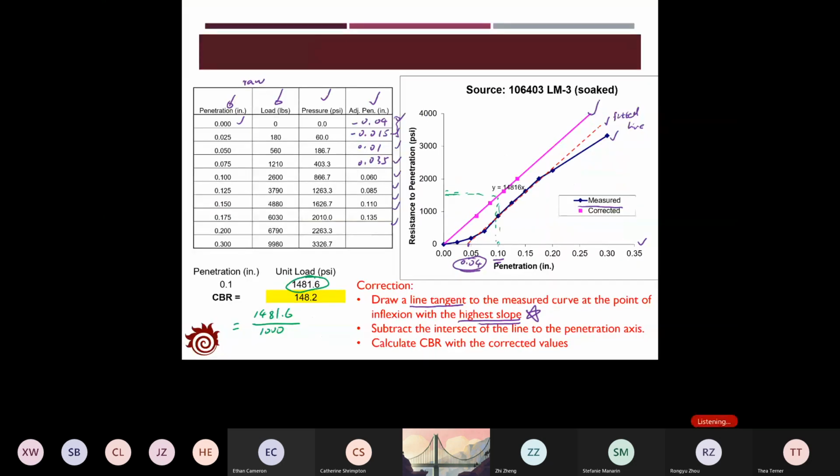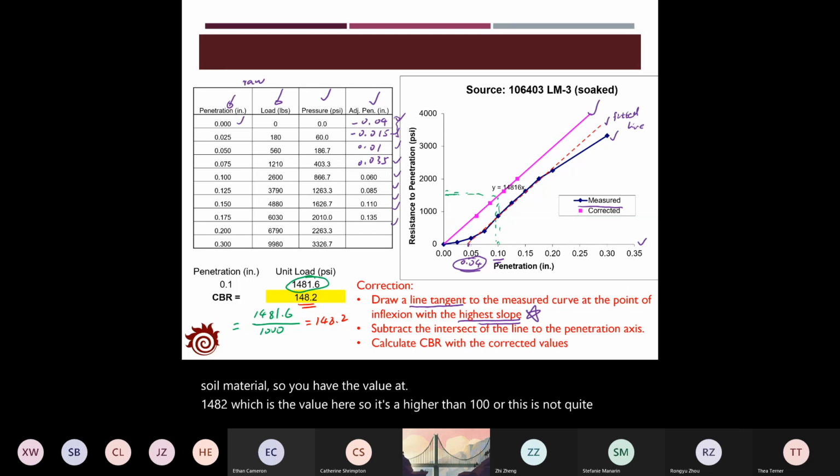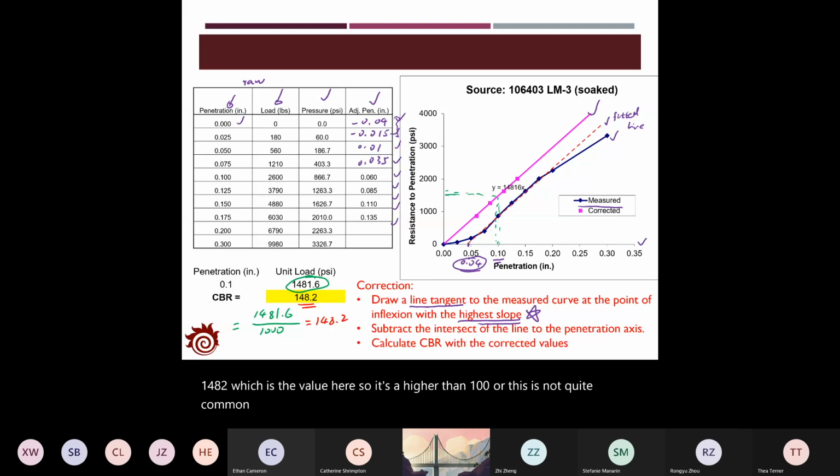Usually we have the CBR between 0 and 100, but this case is a specific soil material. So you have the value 148.2, which is the value here. So it's higher than 100. This is not quite common, but we can observe this kind of result in reality. And for most of the experiments you conducted in the lab, it was between 0 and 100.